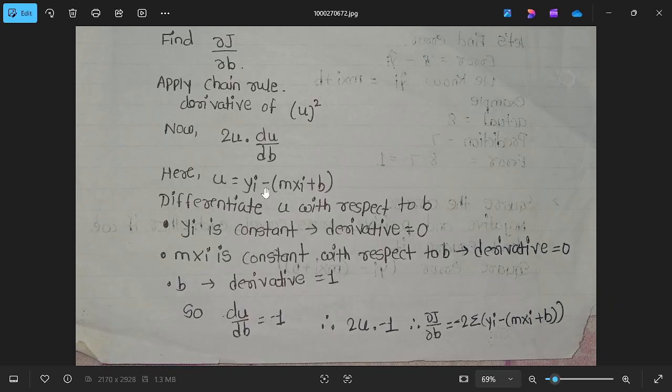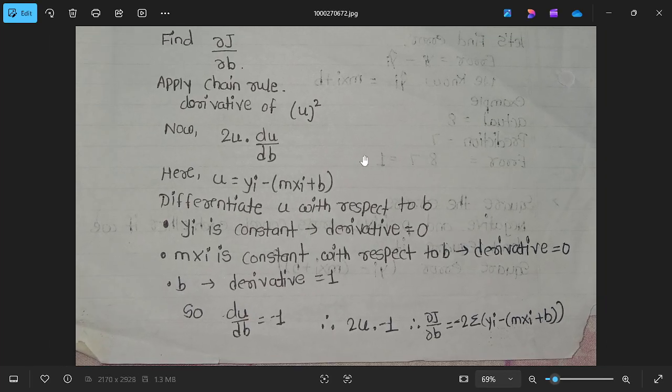Actually, there is a minus before b, so this is wrong here. There should be a minus 1. So the differentiation of u with respect to b is minus 1. We put that minus 1 into this formula, and we write the u as it is.